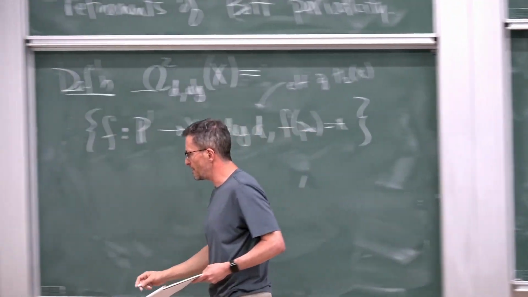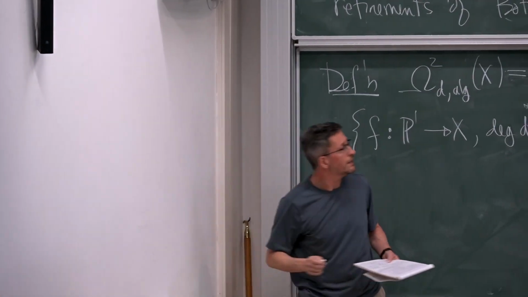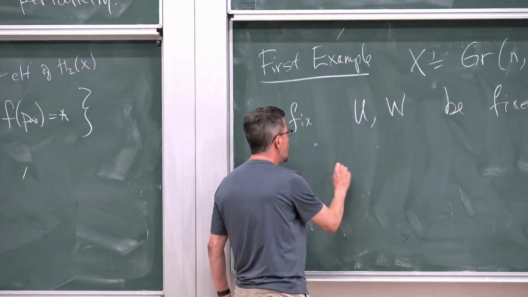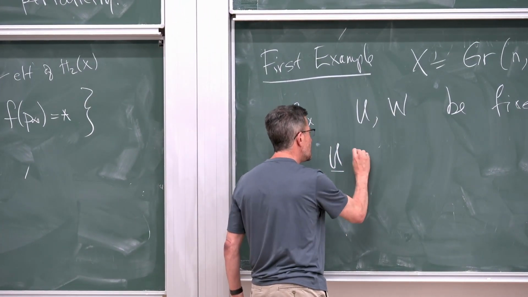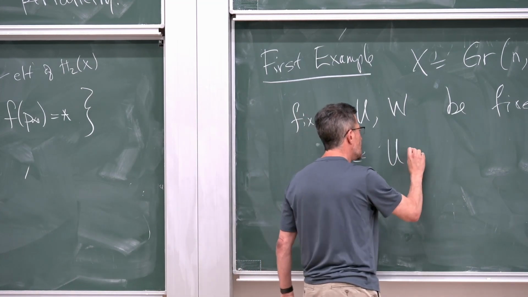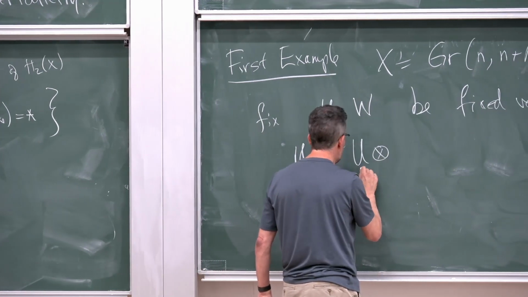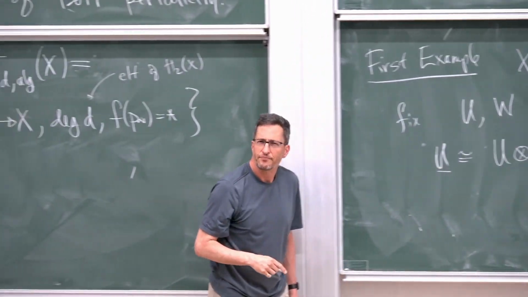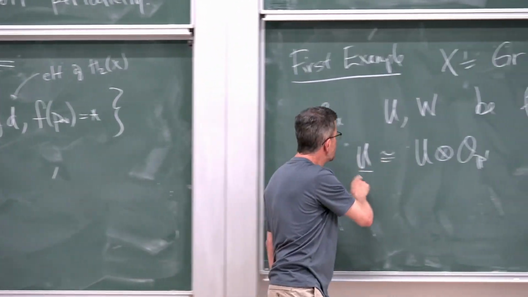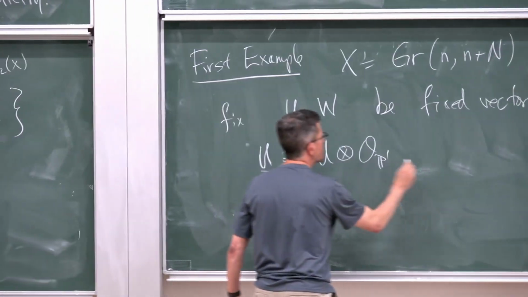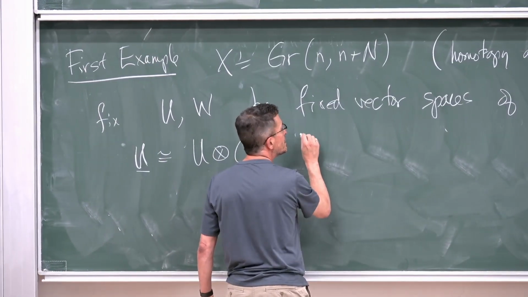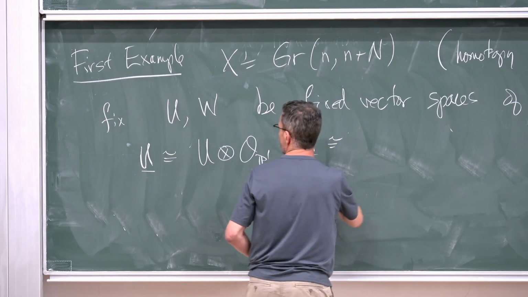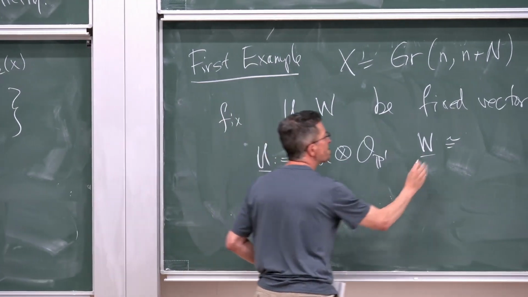And let me introduce some mild notation that I'll use a couple times. So let U underline be the trivial vector bundle on P1 whose fibers are isomorphic to this vector space, and the same with W. This is not an isomorphism, this is a definition.